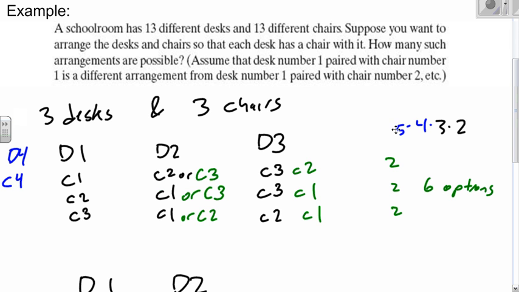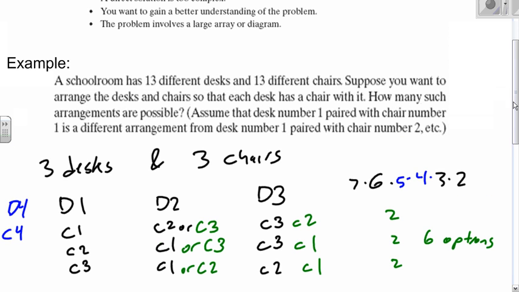If we added in the fifth desk, all of that would happen for each of the 5 different chairs that desk 5 could get. If we added in the sixth desk, each of that could happen for each of the 6 different chairs that the 6th desk would get, and so on until we get up to our 13th desk. So for this, our answer is going to be 13 times 12 times 11 times 10 times 9, 8, 7, 6, 5, 4, 3, 2.